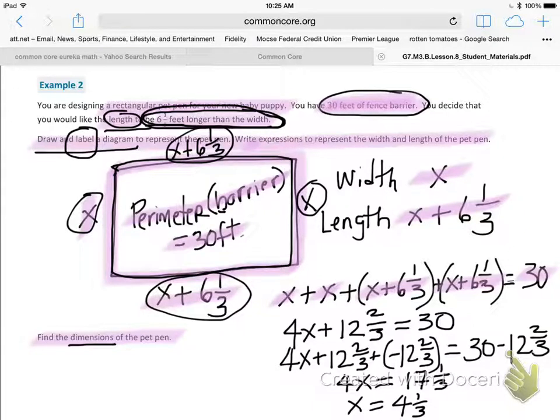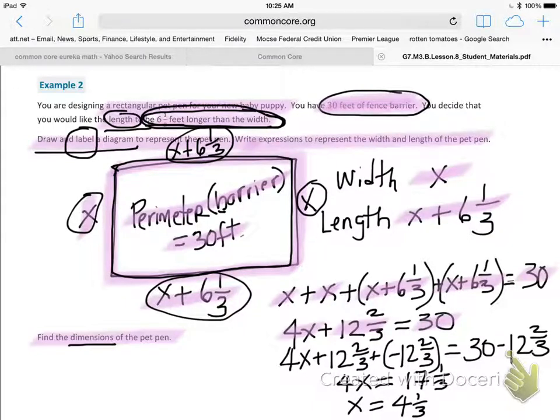I use my any group, any order rule, which is also combining like terms, and now I have all my x's together. I had 4 of them, and then I added the numbers, 6 1/3 plus 6 1/3, or 12 2/3. That equaled 30.